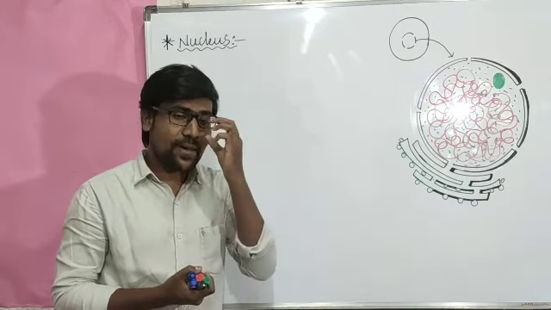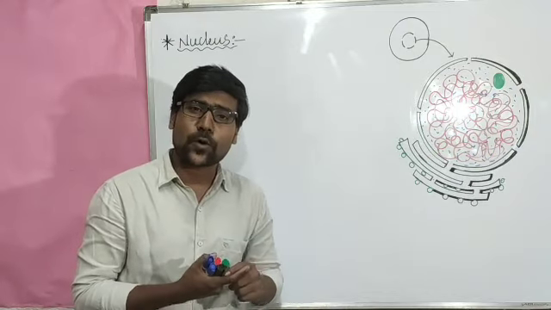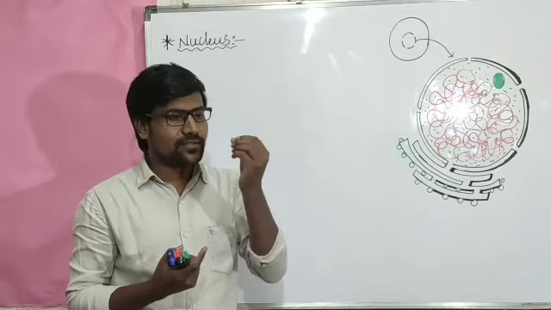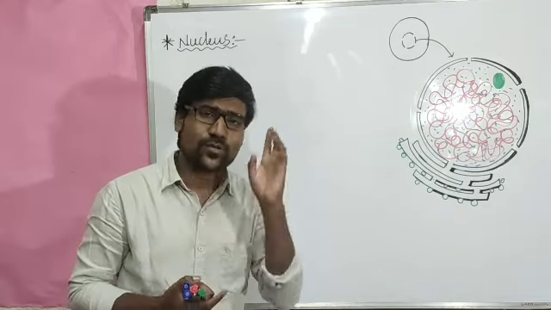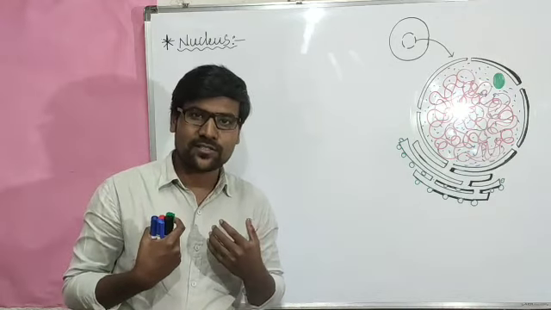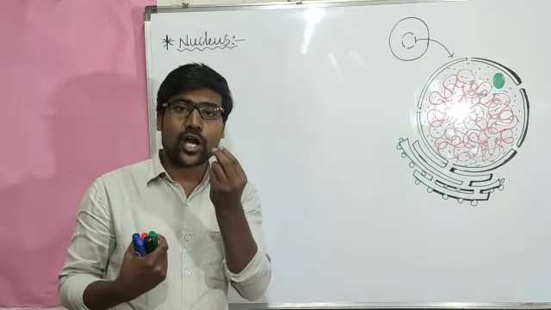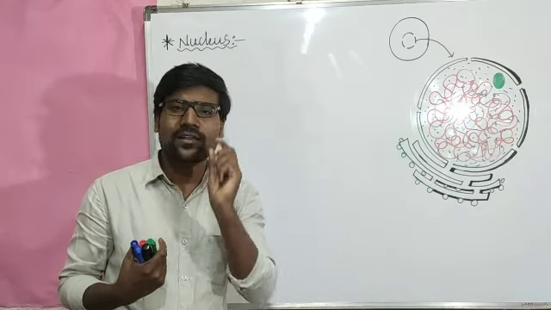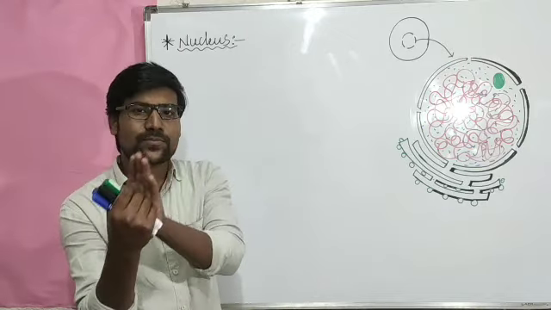Now just imagine how important the diffusion process is. I am giving you just one general illustration. During respiration, we take in oxygen. That oxygen comes to the lungs, where we have alveoli, small air bag like structures. From these air bag like structures, the oxygen transfers to the blood.